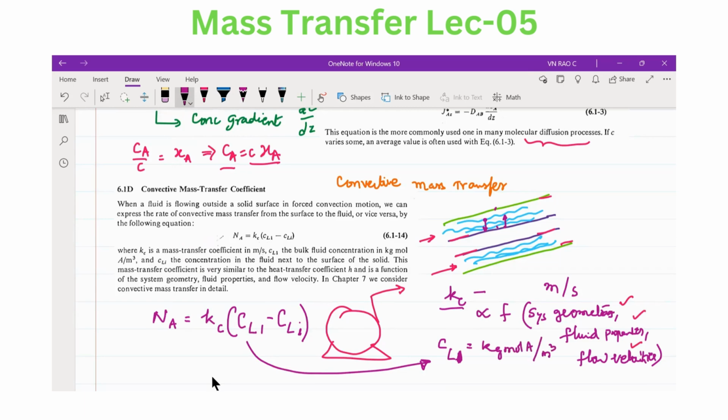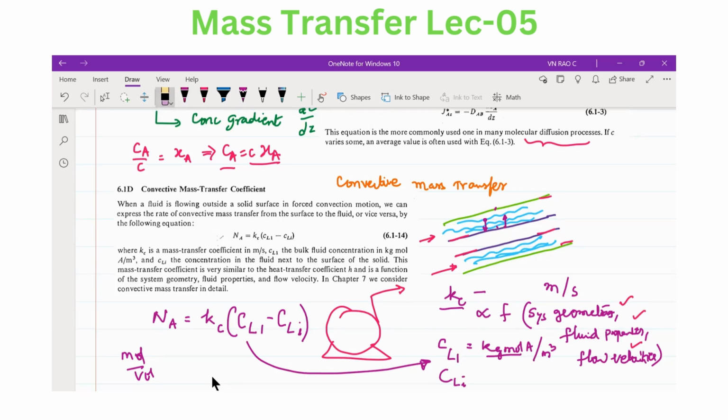Generally concentration units are moles per volume. I think you should remember this. The bulk fluid concentration is given as kg moles of component A per meter cube. Then what is CLi? Let me write it again. This is CL1.